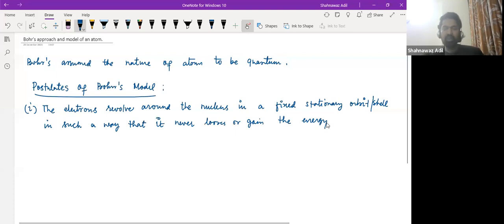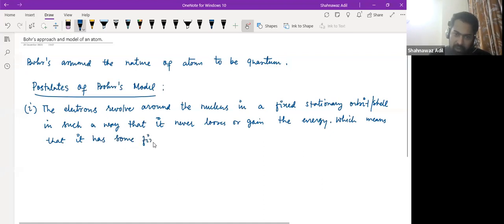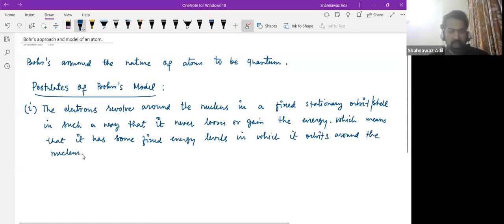So it has some fixed energy levels in which it orbits around the nucleus.